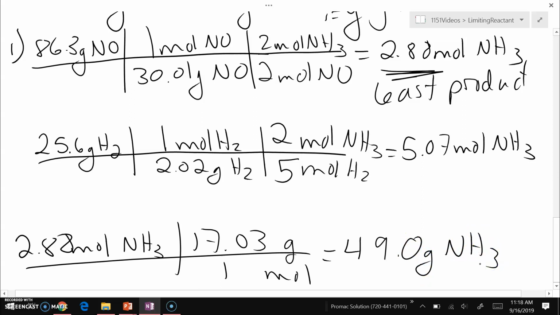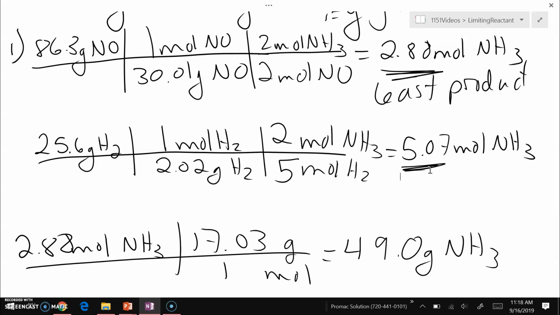So that's how much should be produced. That's the best you can do, even though there will be extra H2 left over. The most you could make is 49 grams of the NH3, and that would be the theoretical yield.